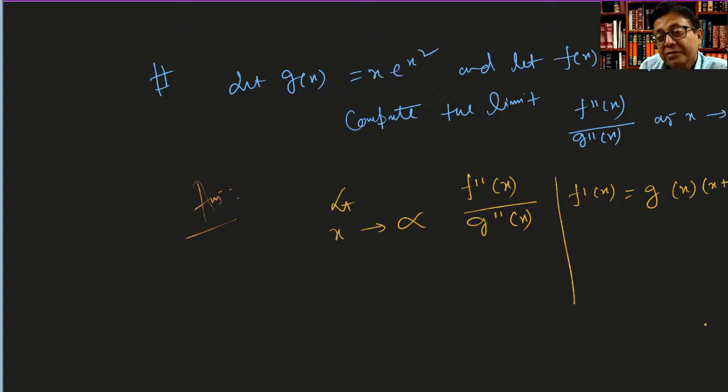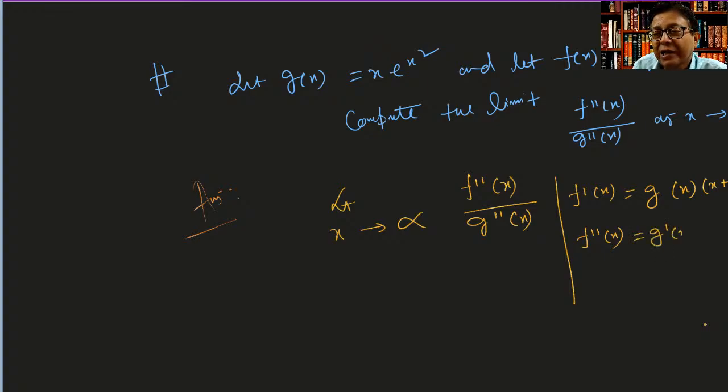What is f double dash x? F double dash x is g dash x into 1 plus 1 by x square. No. g dash x, go by product rule, plus g x into 1 minus 1 by x.